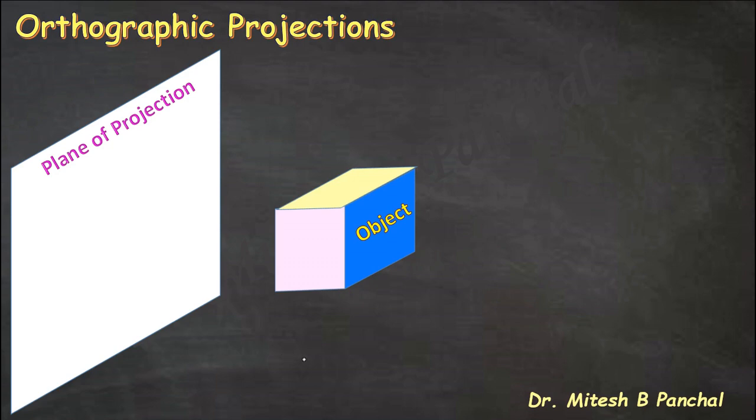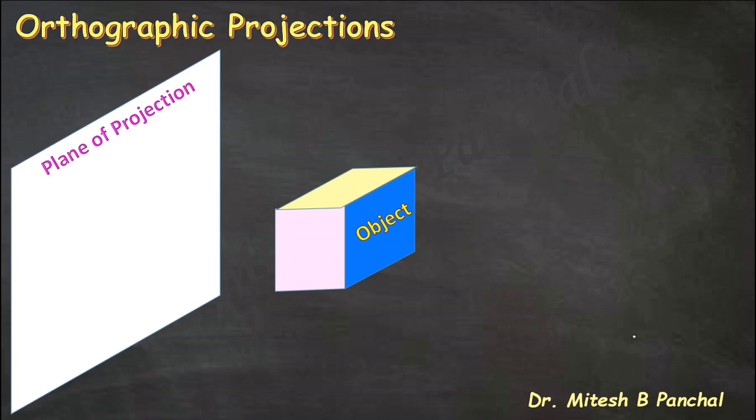Now, how to obtain the projection? To obtain the projection of this object on the plane of projection, the rays of light or rays of sight are required. When we apply light, the rays of light are considered. And when we are viewing the object from one direction, then we consider rays of sight.